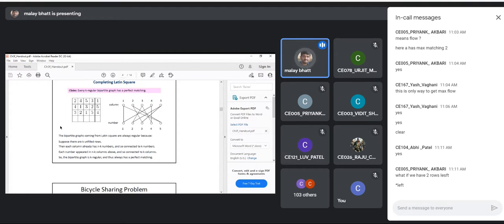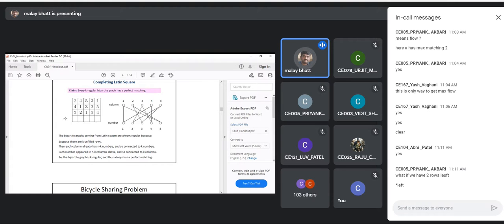The bipartite graph coming from the Latin square is always regular, because if there are k unfilled rows, then each column already has n minus k numbers, and so is connected to k numbers; each number appeared in n minus k columns above, and so is connected to k columns. So the bipartite graph is known as k-regular, and thus always has a perfect matching.